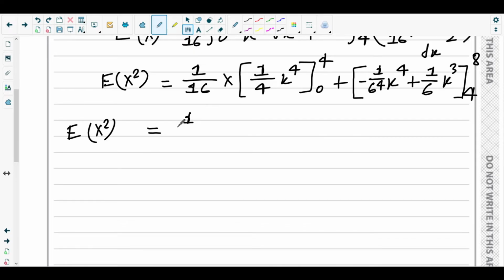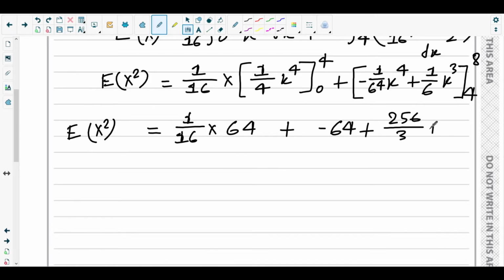1 over 16, so we need to put the limits. 4 to the power 4 over 4 makes it 4 cube, which is 64, minus 0. So 1 over 16 times 64, plus 8 to the power 4, which is 4096. 4096 over 64 is basically 64. So negative 64 plus 8 cube. 8 cube is 512 over 6, that is 256 over 3.